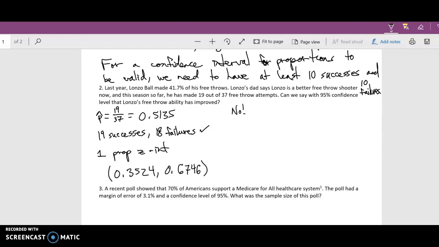0.417 is still within a 95% confidence interval.